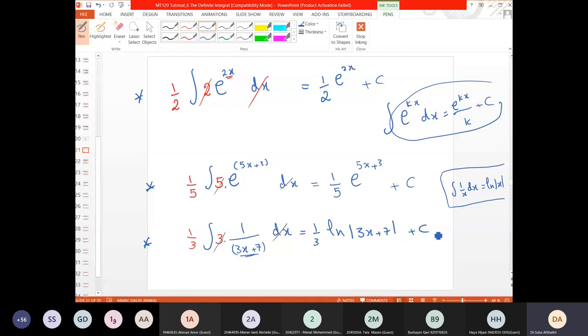Any question regarding this? We don't have to apply it all the time. You apply it only if there is a function of a function case.